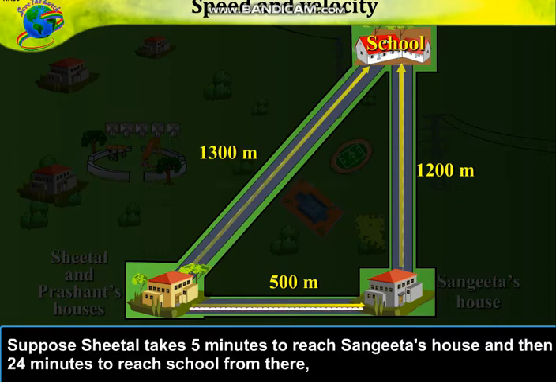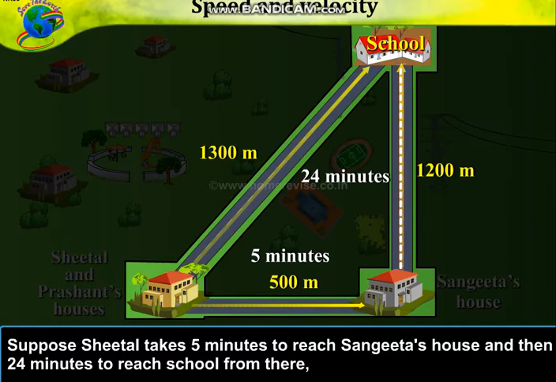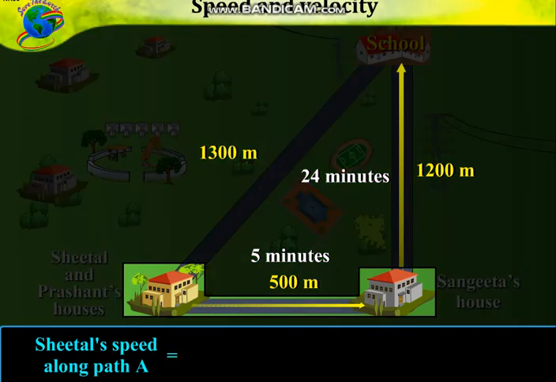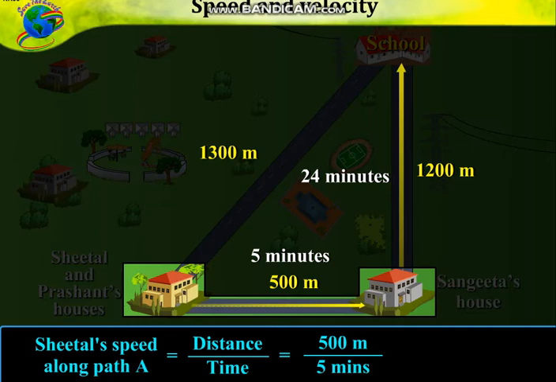Suppose Sheetal takes 5 minutes to reach Sangeeta's house and then 24 minutes to reach school from there. Then Sheetal's speed along path A is equal to distance upon time, which equals 500 meters upon 5 minutes. That is equal to 100 meters per minute.